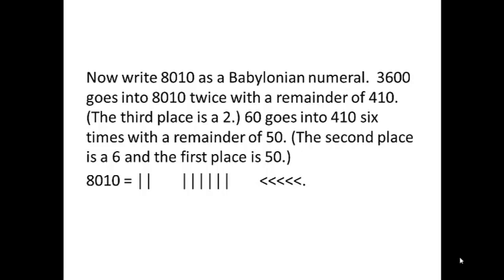Now to find the second place, how many 60s are there in 410? 60 goes into 410 6 times. So we have a 6 in the second place. And when we do that division, we have a remainder of 50. So the first place would be 50. And we'll get this number that we have here.